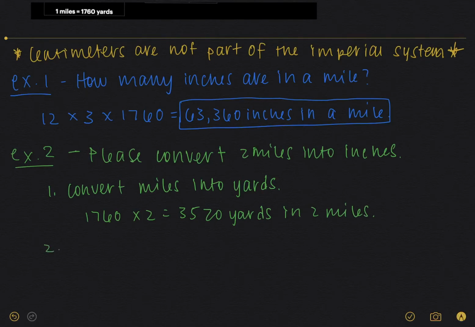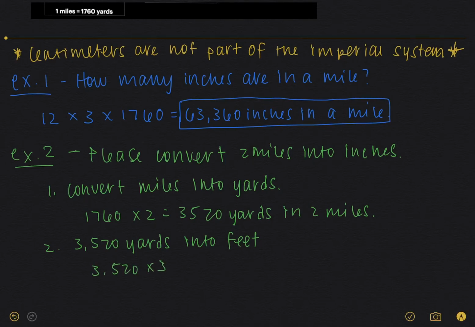Now, step number 2, we're working towards our inches, and we are going to have to take that 3,520 yards and convert it into feet. To do this, we know that there are 3 feet in a yard. So we're going to have to take this number and multiply it by 3. So we have 3,520 times 3.